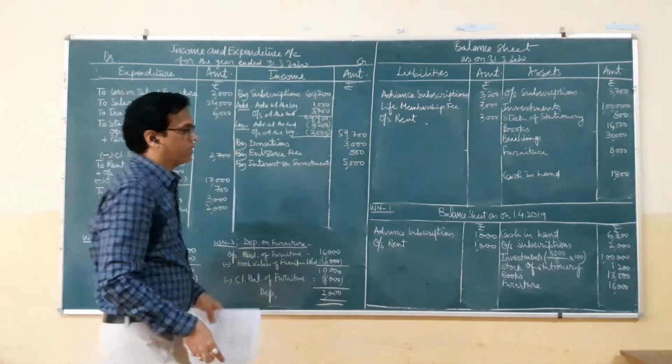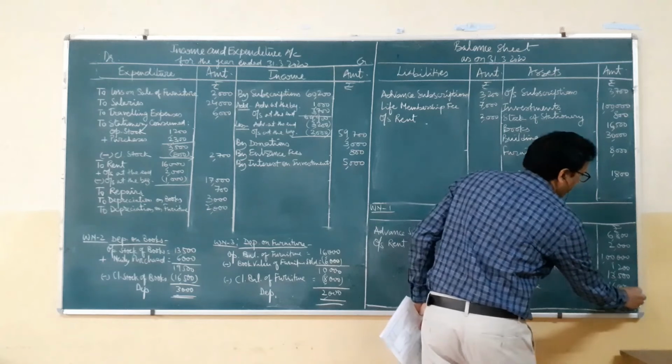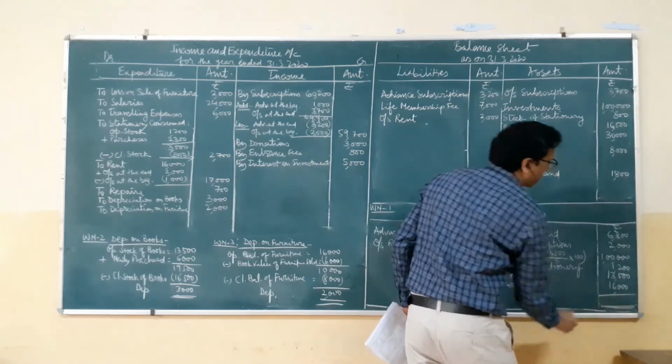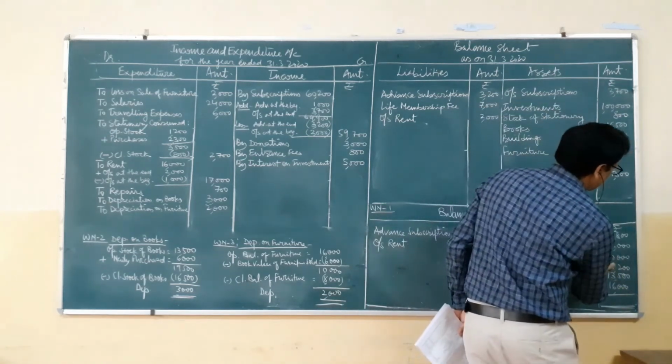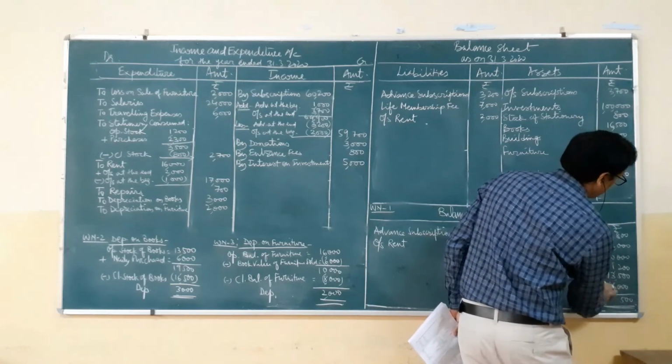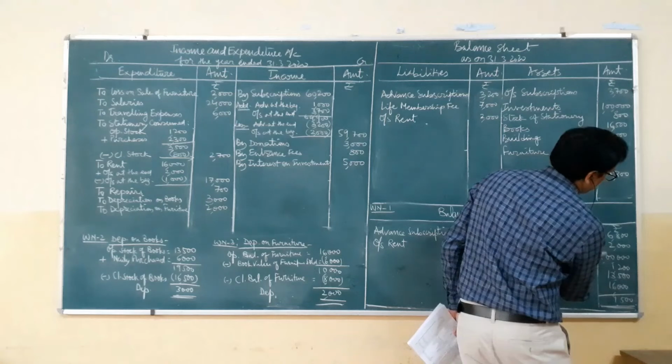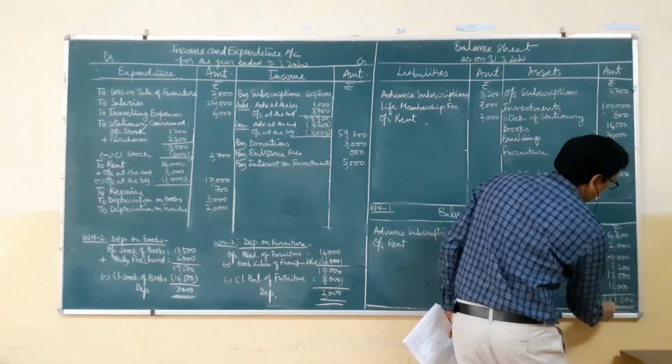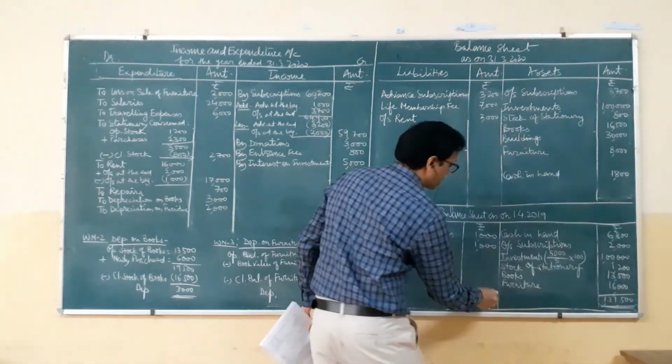So let us calculate the capital fund first. $139,500 is the total this side.